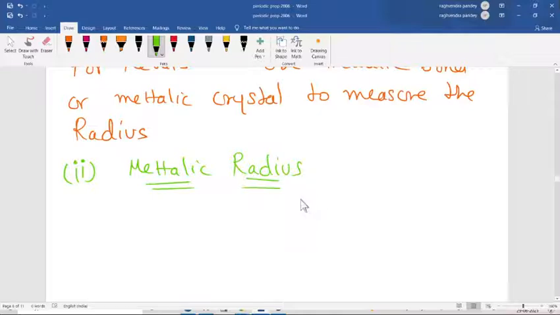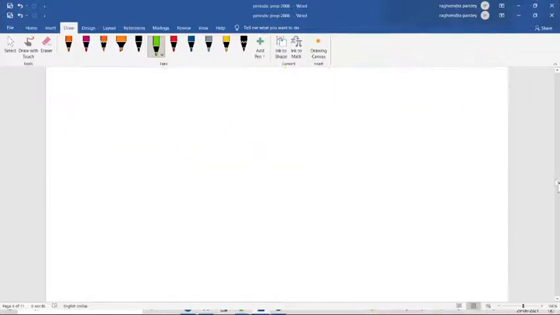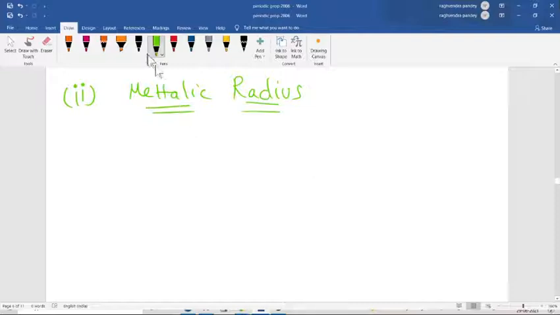So what is the metallic radius? It is because of how the atoms are arranged in metals. Have you learned the metallic bond? No. The metallic bond is not there in 9th, only covalent and ionic bond. Suppose you take the example of copper.